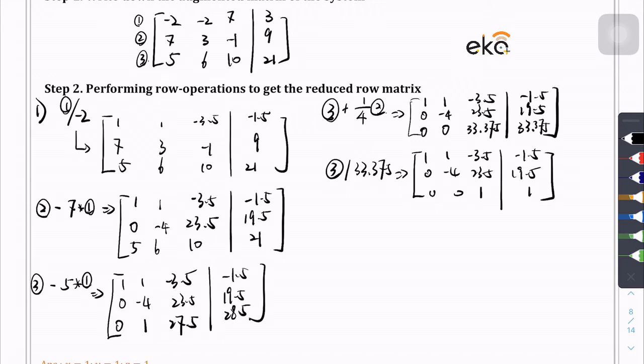Now the next step is second row times -1/4.